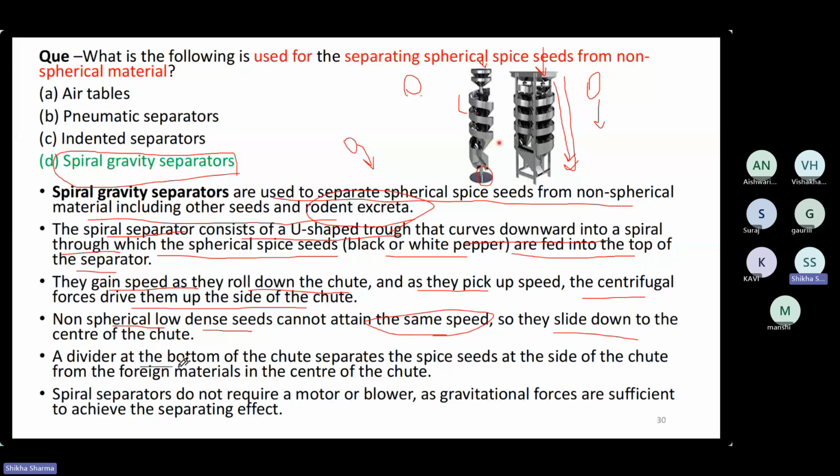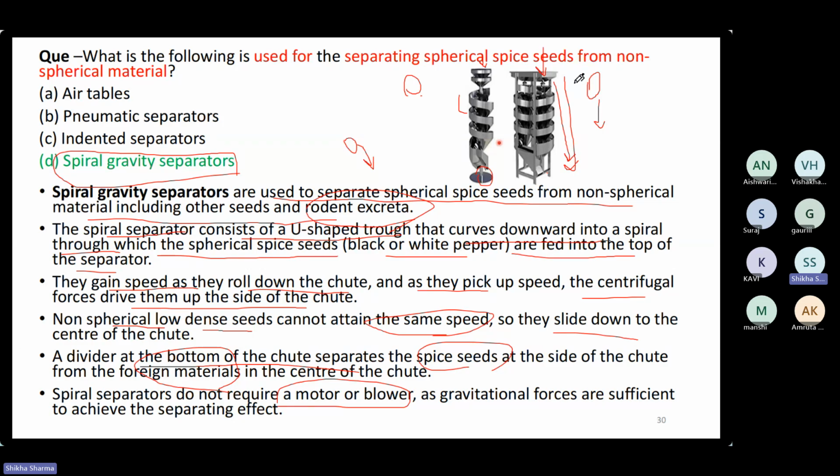There will be a divider at the bottom, which will help to separate the spice seeds from the foreign particles based on shape. The spiral separators do not require a motor or a blower, so it does not require any external motor or blower.